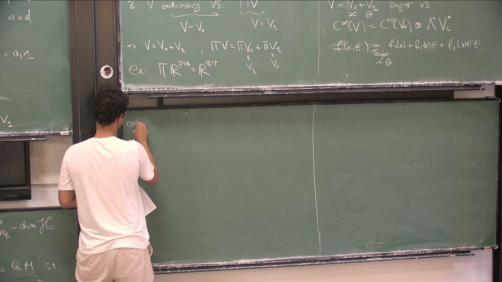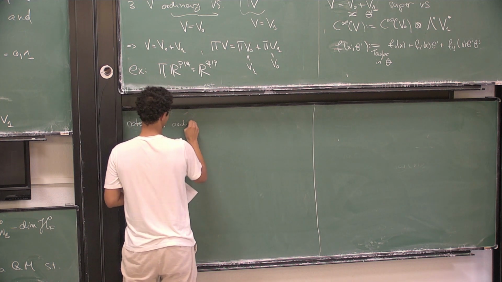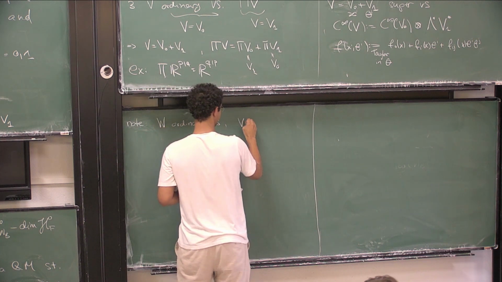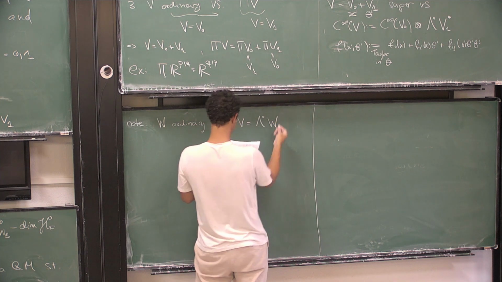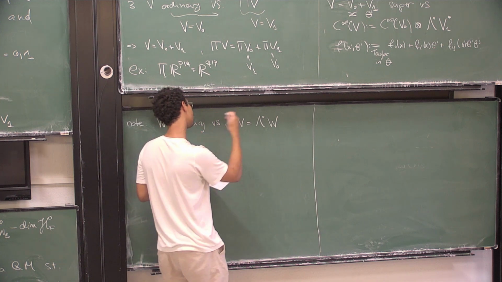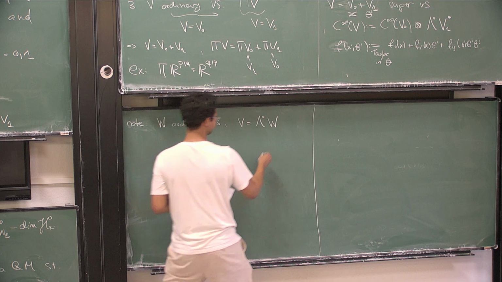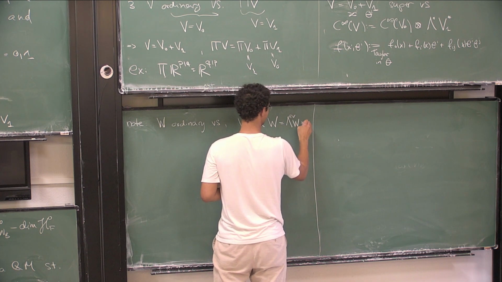Note, if W was an ordinary vector space, and we look at V, which is the exterior algebra of this vector space as a supervector space, so again, even and odd.